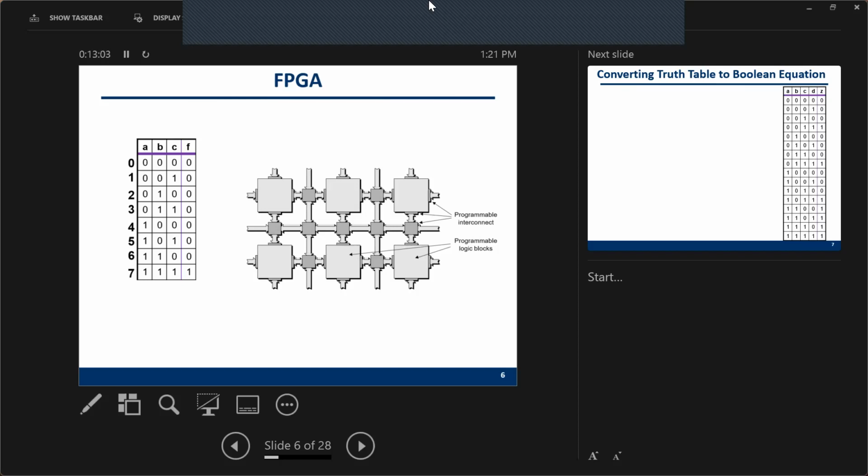So maybe you have a medium-sized truth table. You can use this buffer, and you can also use this buffer, then connect these two together. Maybe the first half is stored in the first part, and the second half of the truth table is stored in this part. Then you can configure these connections to connect them together.